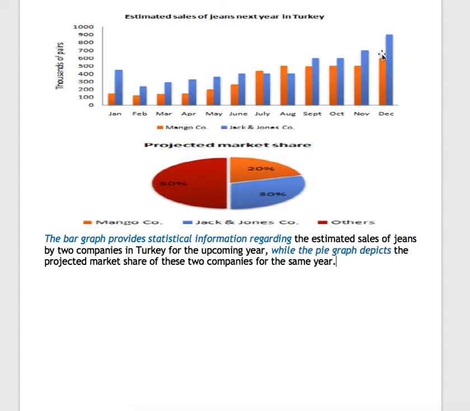Yep, I see sales. And here it looks like 3 companies have the market share. I just need to talk about something that connects them all, not just that Mango & Co. and Jack & Jones Co. company, they will have increasing sales throughout the year.